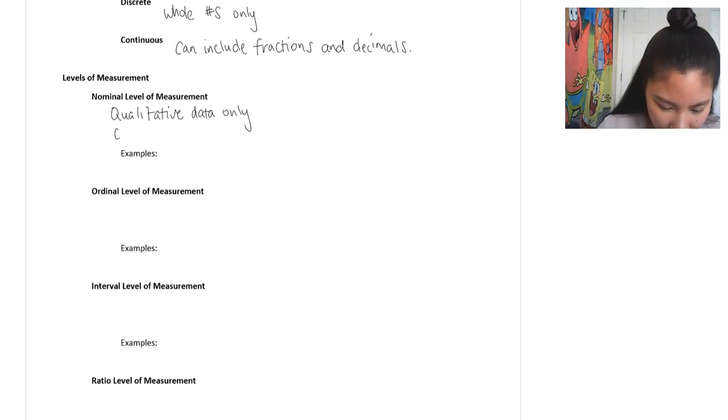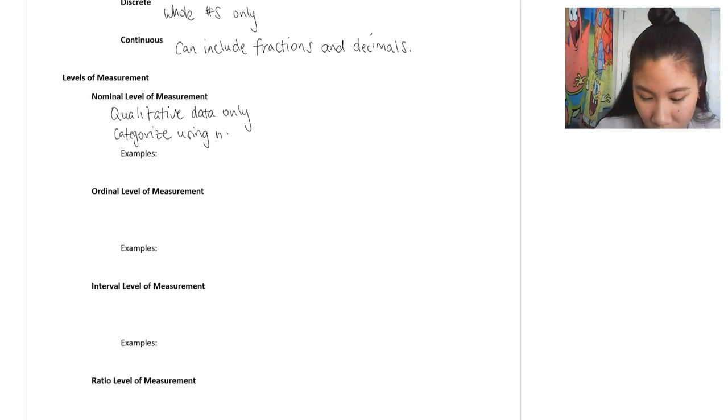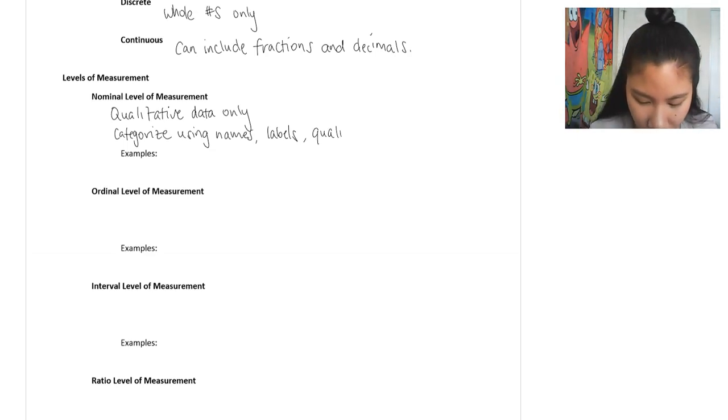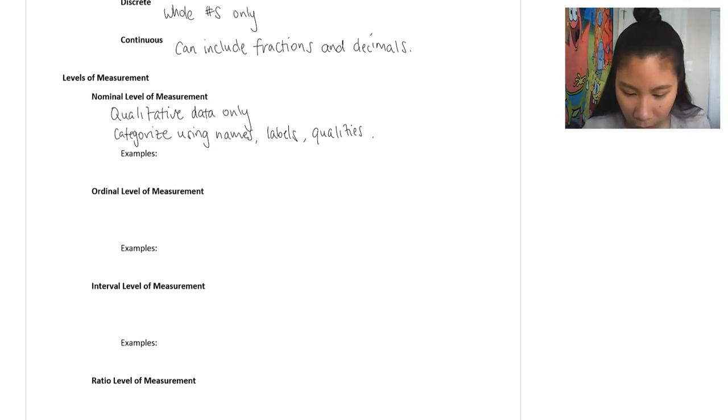Okay, so that means we can categorize with names, labels, or qualities, or characteristics. Specifically, even if you have numbers, kind of like our zip codes, no mathematical computations can be made.